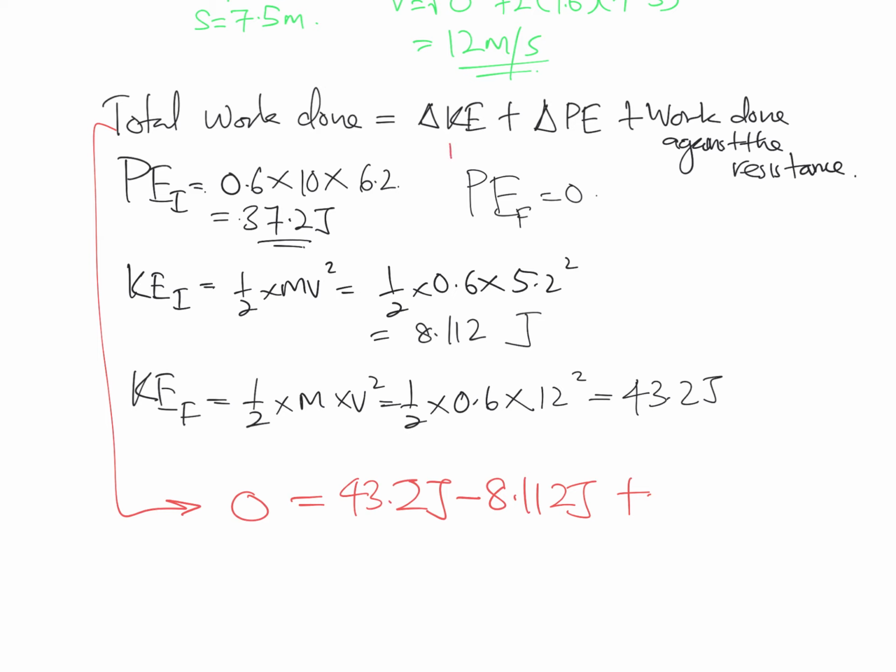Remember, it's final minus initial, same for KE and also for PE, not the other way around. Final PE is 0, initial is 37.2, so 0 minus 37.2 is negative 37.2 joules.